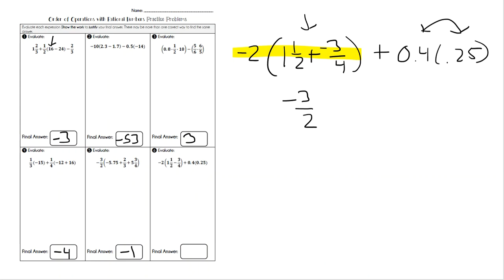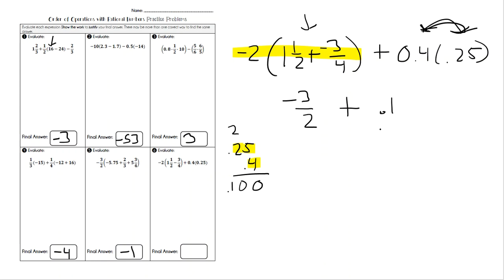And we need to add that to these two guys multiplied together. So when we multiply a 0.25 times by a 0.4, remember when you multiply decimals, you don't have to line up the decimals. The only thing you have to remember is if there are 3 numbers to the right of the decimal in your problem, there has to be 3 numbers to the right of the decimal in your answer.